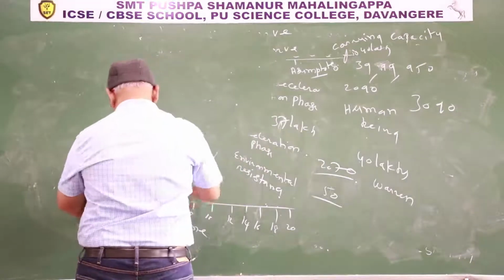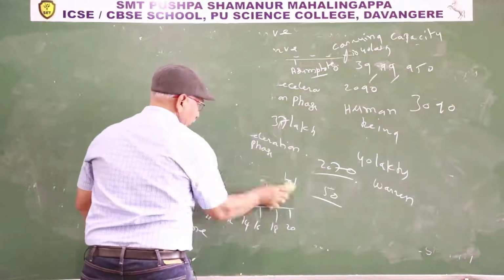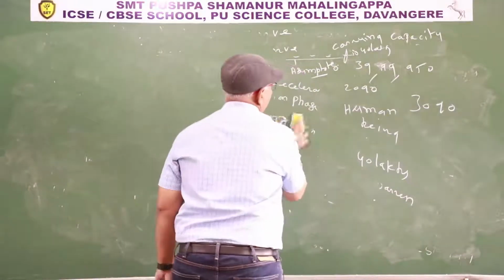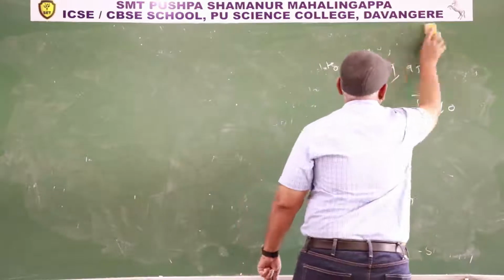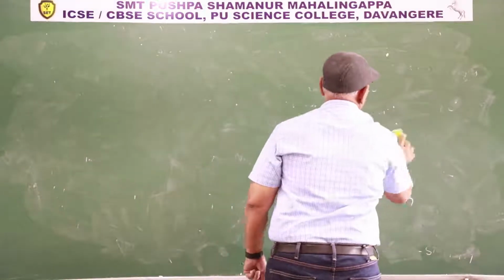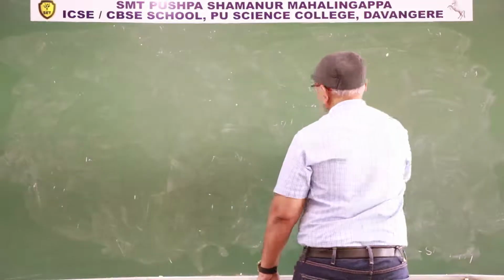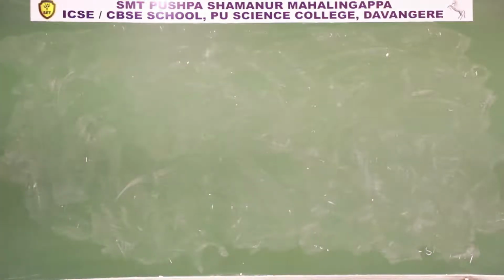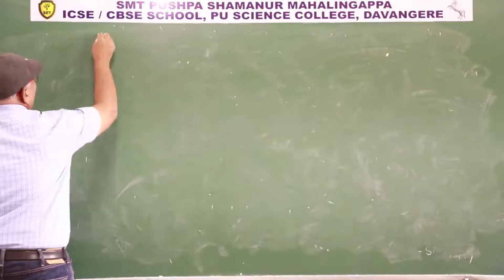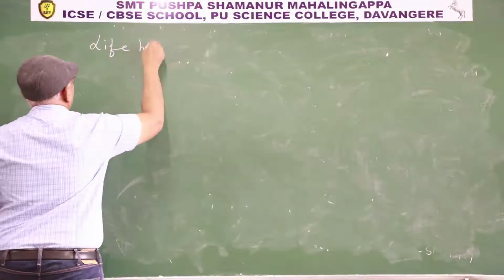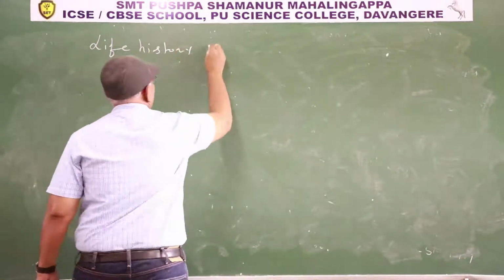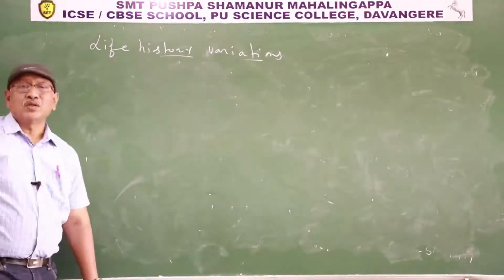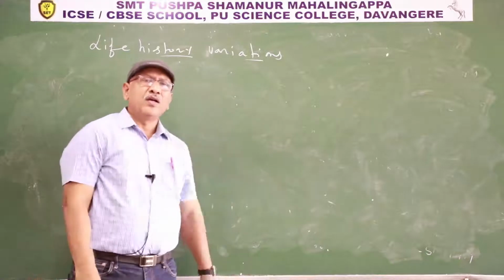Now we discuss life history variations. All organisms try to maximize their reproductive ability.